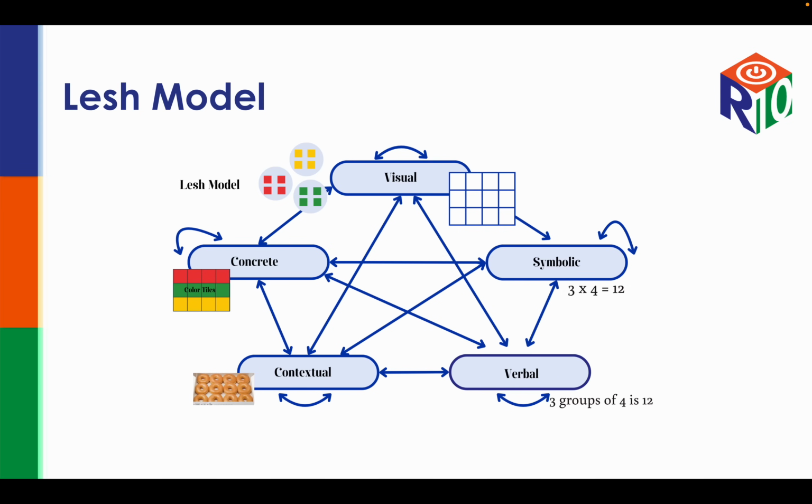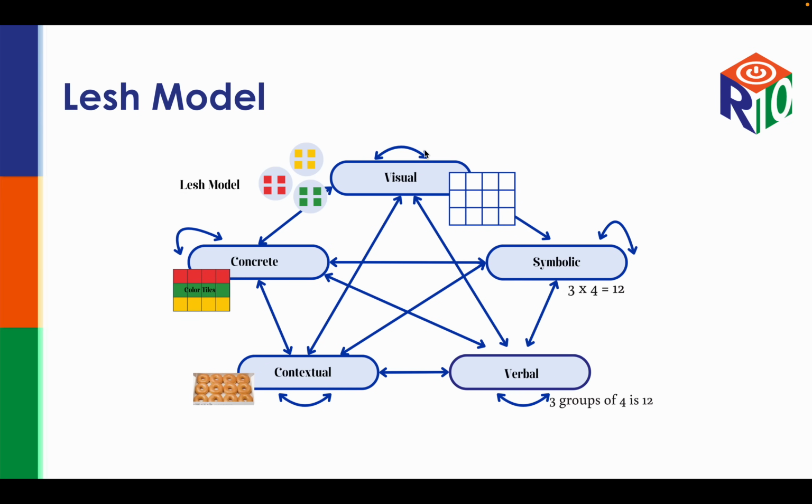So, another mathematics model that we talk about within using manipulatives is the Lesh model. And we hear this a lot in math with our concrete, representational, abstract progression. Within that progression, there's lots of connections that our students need to be making between the various representations.